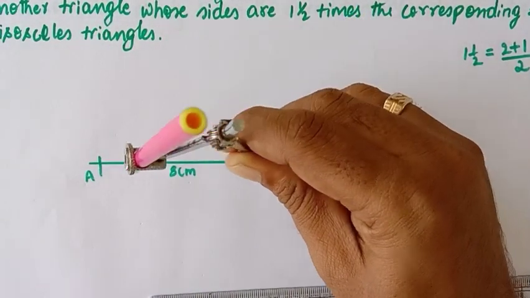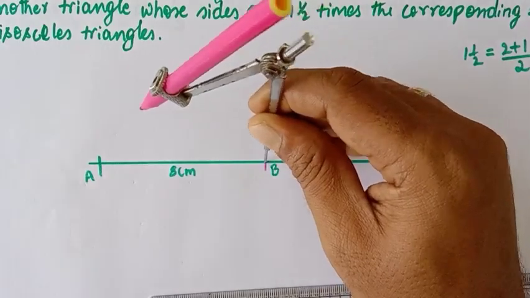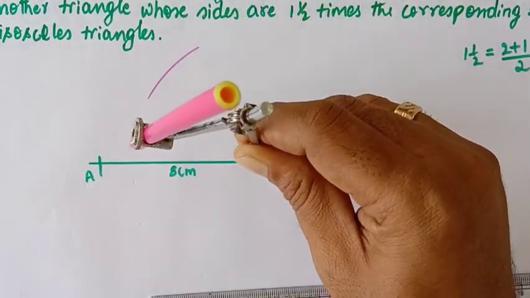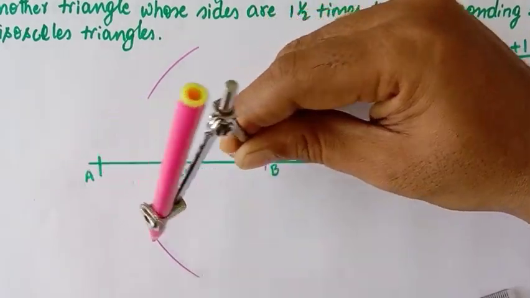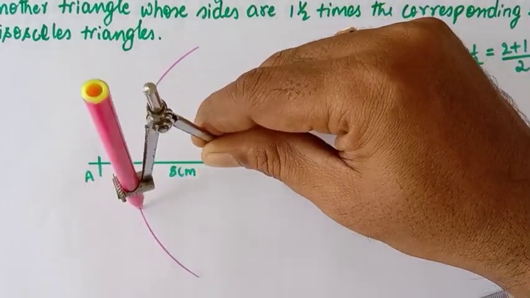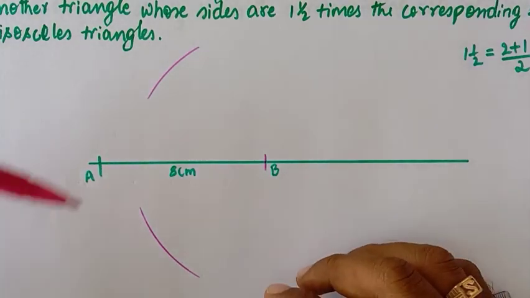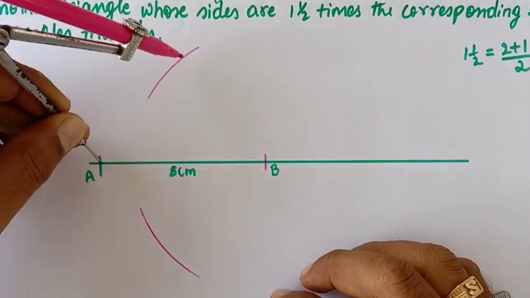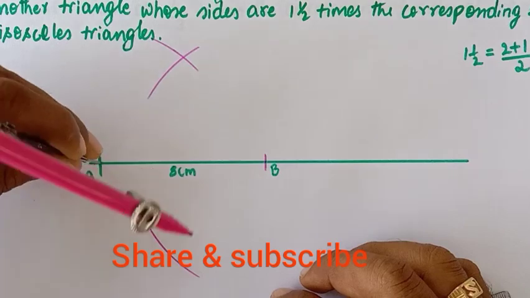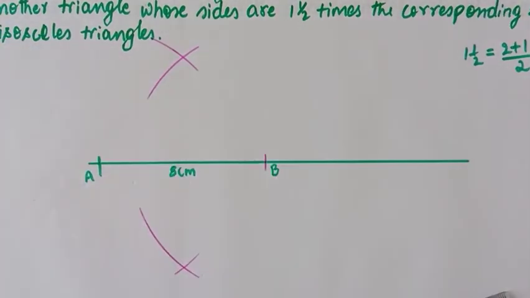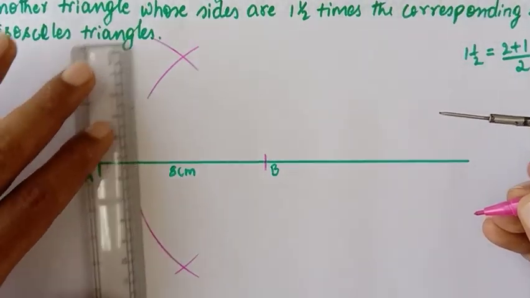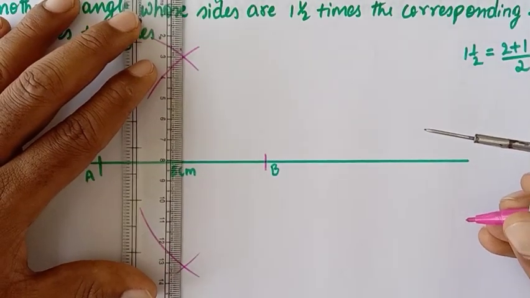So we will be taking more than half of this line provided, and I will cut the arcs on both the sides of the line. From A I have drawn 2 arcs, and from B also, on both the sides we have drawn, and I will be joining these 2 points of the arcs.